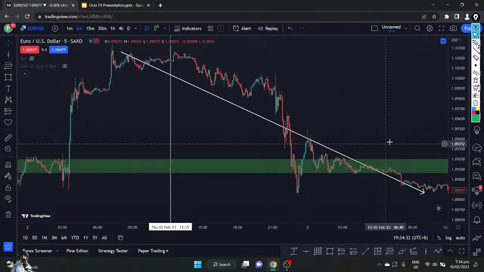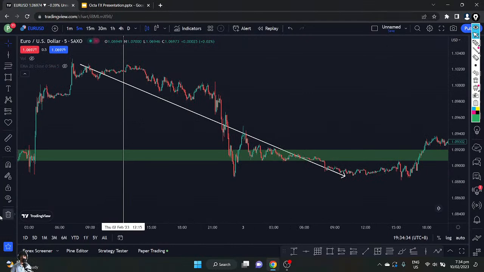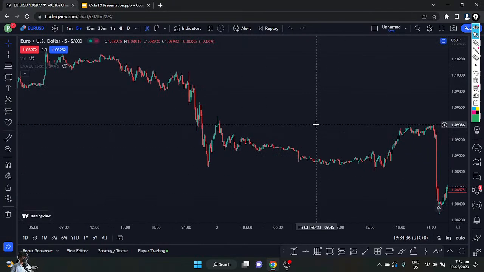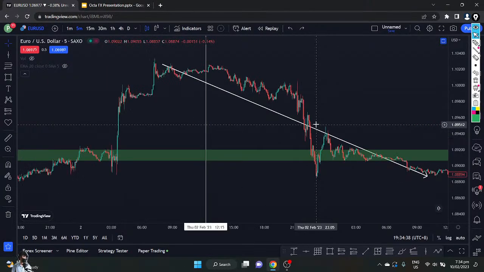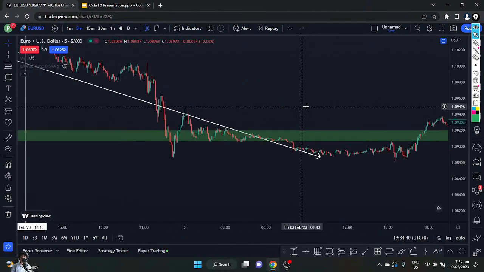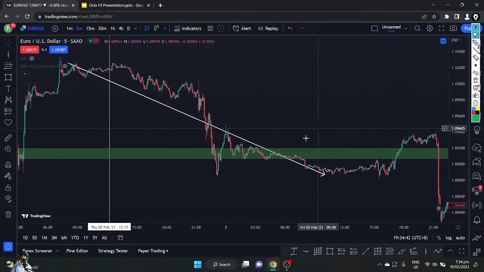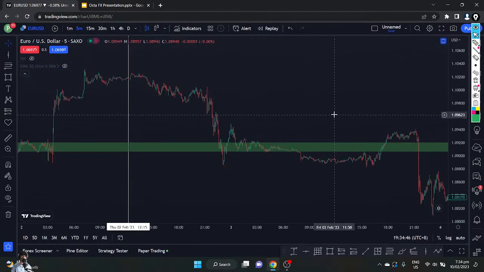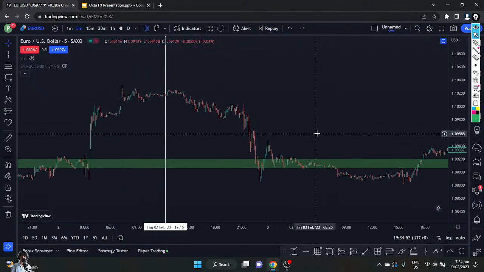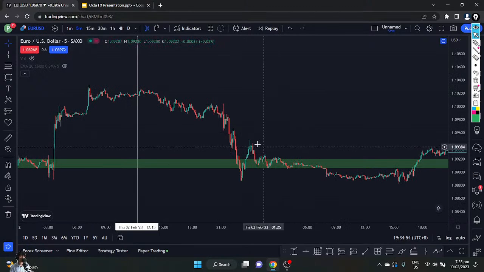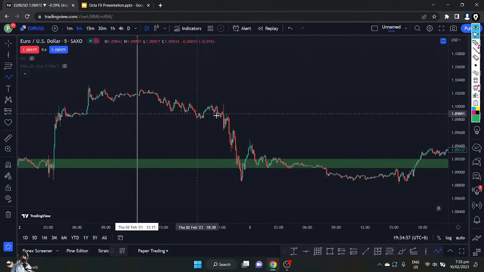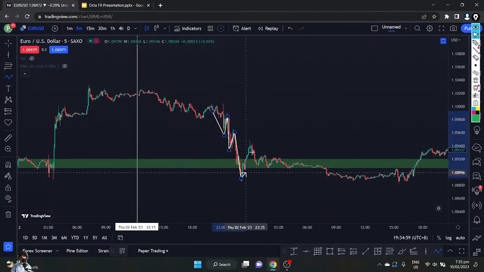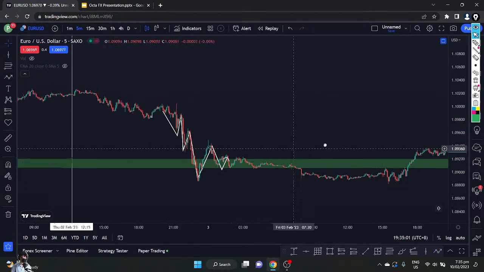So if you are a pullback or a breakout trader, what you want to see is for the price to create a change of structure or a breakout of its previous high, right? Because we are on an uptrend. And the price on our entry time frame is making lower highs and lower lows like this, right?